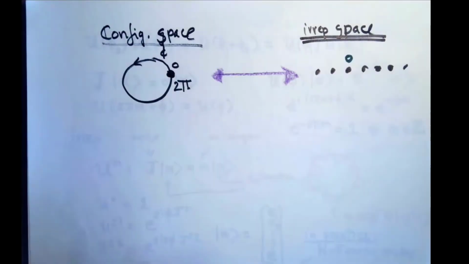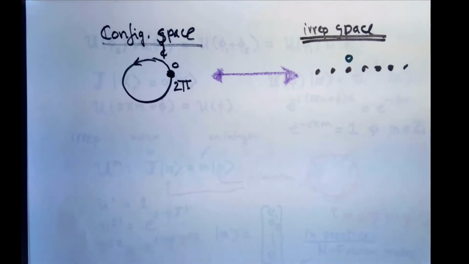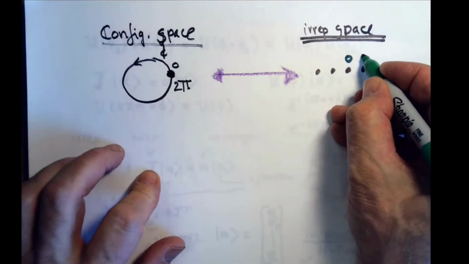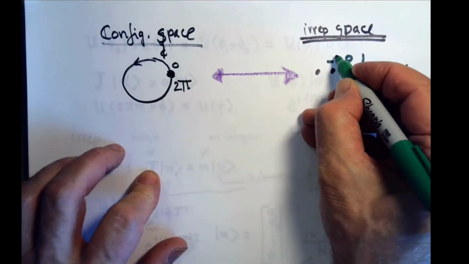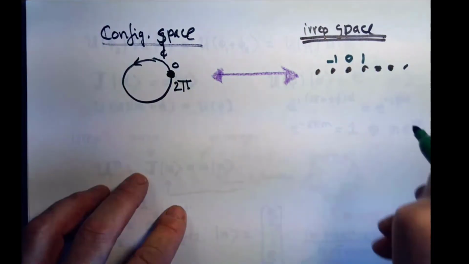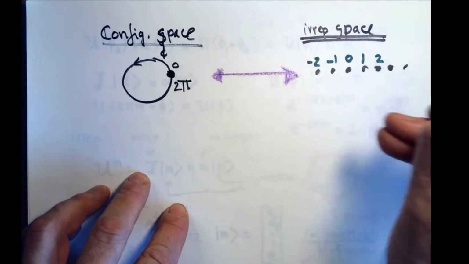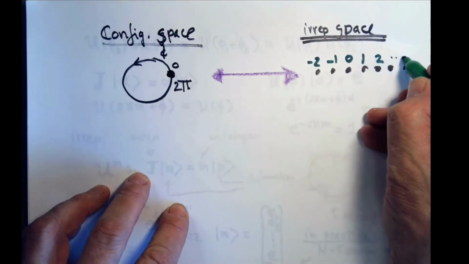So we'll get a trivial representation, do nothing, or rotate to the right, or rotate to the left, or run twice around the circle to the right, or once to the left, and so on.